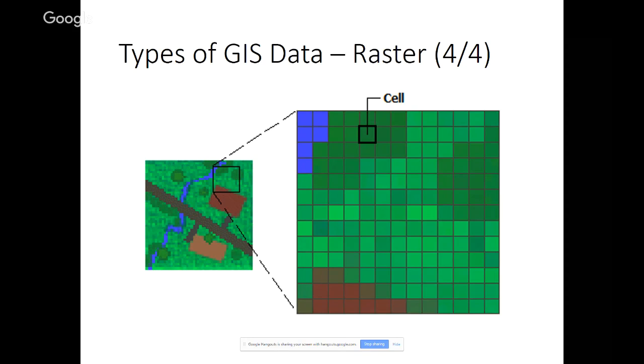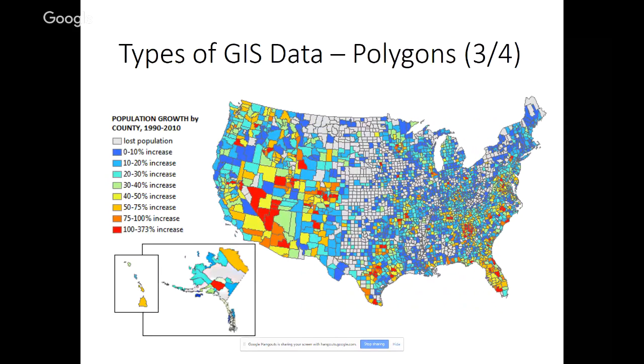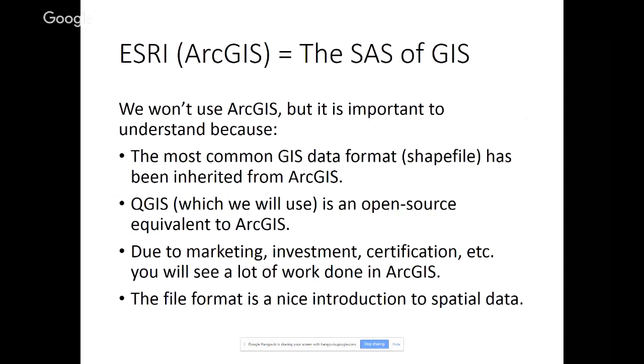We have a lot more missing data in a sense using raster data. With polygon data, the missing data is lumped in with your other non-missing data, and if you really think about it, that's kind of what's creating the bias. You have spatial units that are missing data, and you're misclassifying them as being in one of the groups with data. Let's talk about that a little bit today.